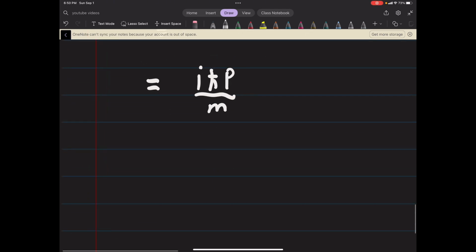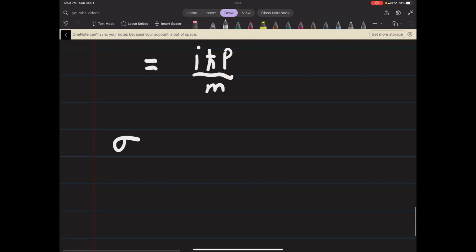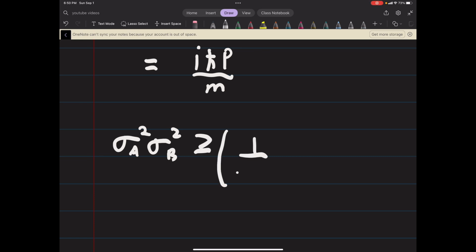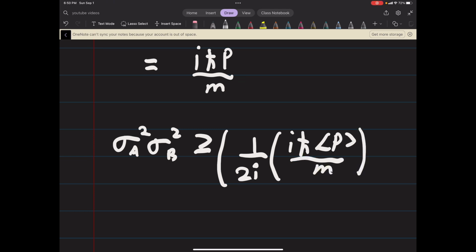So now we can plug this into our equation for our uncertainty between A and B, which has to be greater than or equal to 1 over 2i times i h bar p all over m, and this is all squared.